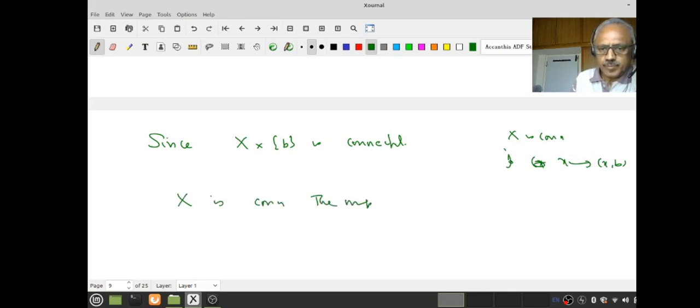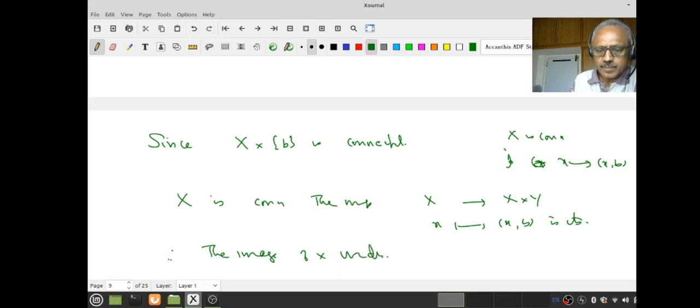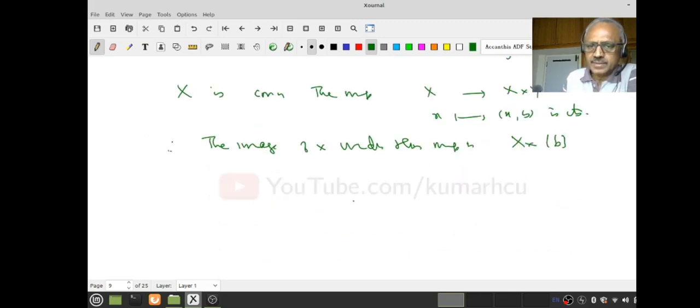the map X to X cross Y, namely x going to (x, b), is continuous. Therefore the image of X under this map is X cross {b}, and it is connected.